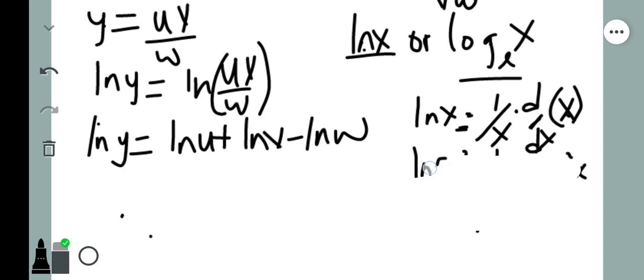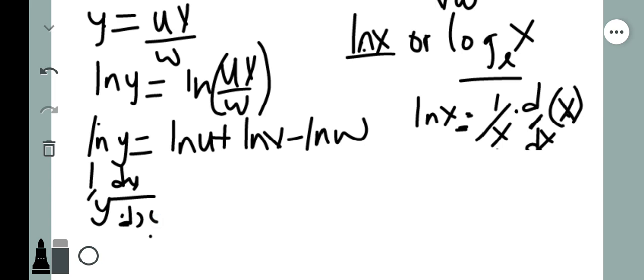Alright, so from there, what do we do next? From here, derivative of ln y is the same thing as 1 over y times derivative of y, which is dy/dx. And derivative of ln u will be 1 over u times du/dx.